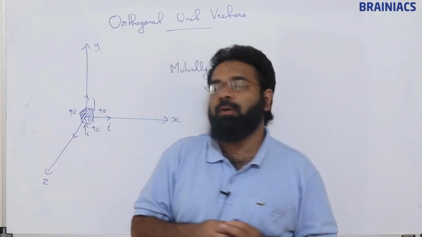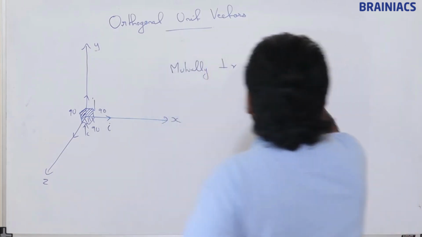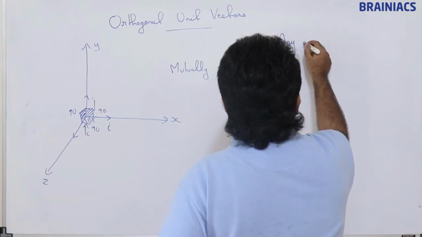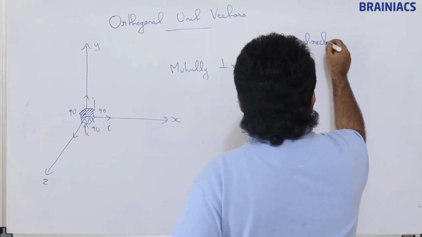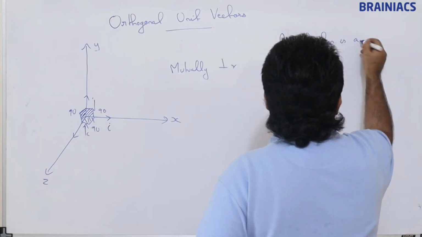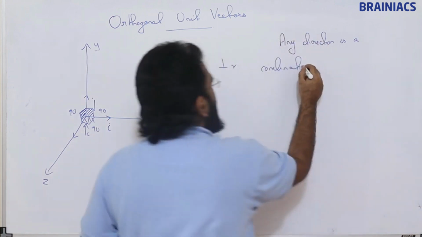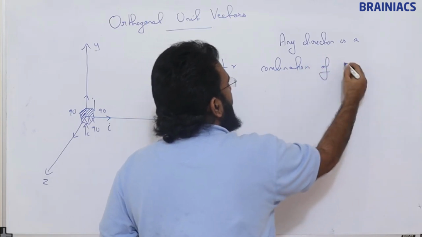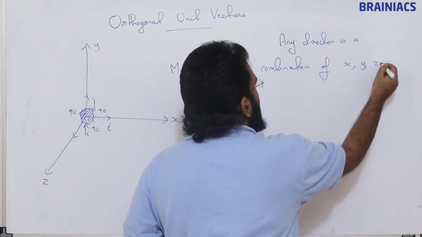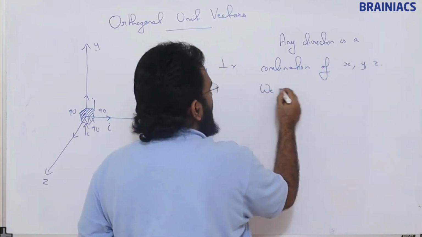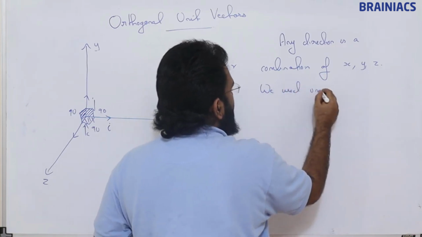So any direction is a combination of x, y, z. So we use what? Unit vectors.